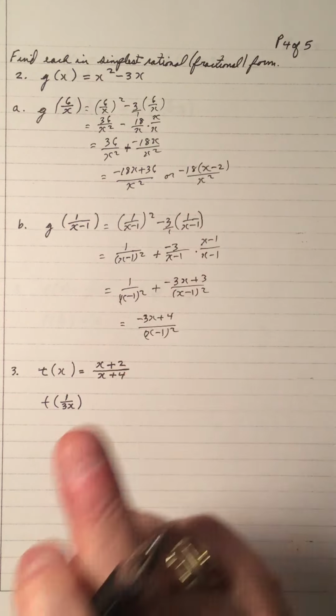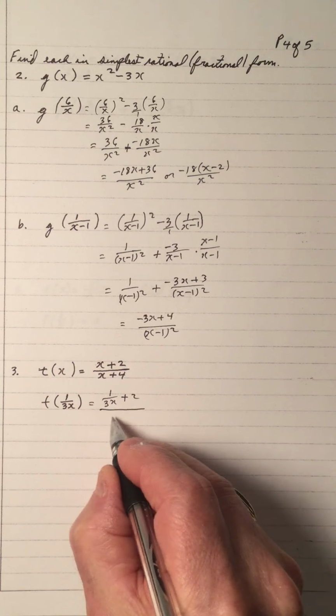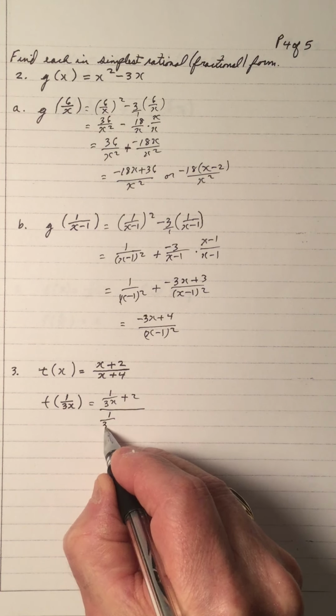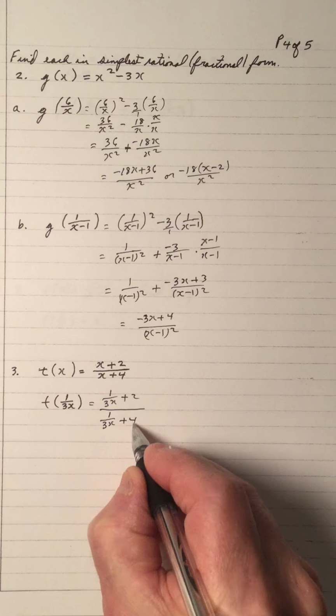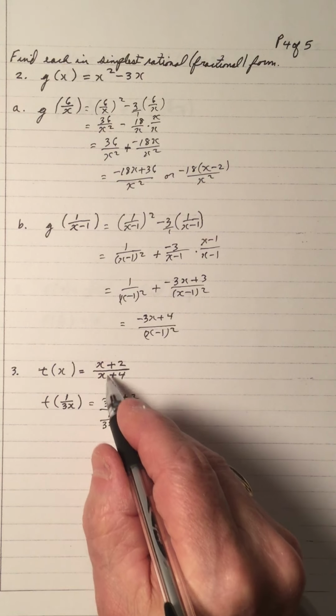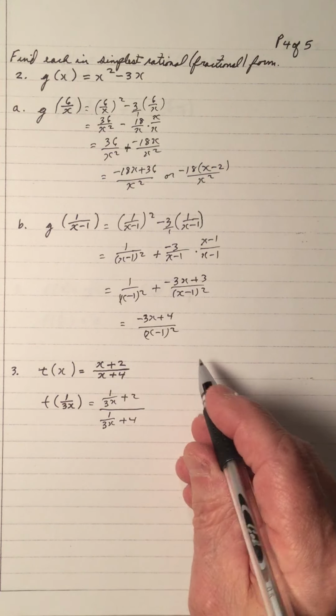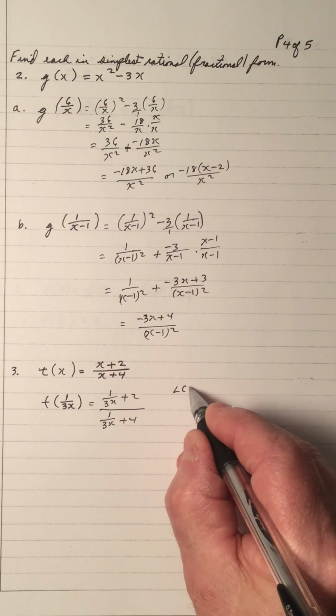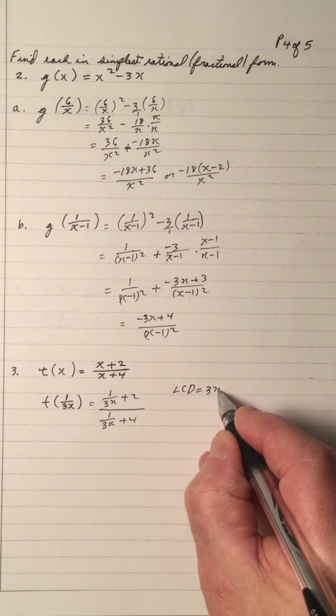And we're doing the same thing here. So t of x is x plus 2 over x plus 4. We're going to put 1 over 3x in the place of x. So 1 over 3x plus 2, all over 1 over 3x plus 4. Notice I'm putting 1 over 3x in the place of x. Now, we have an LCD, and the LCD is 3x.